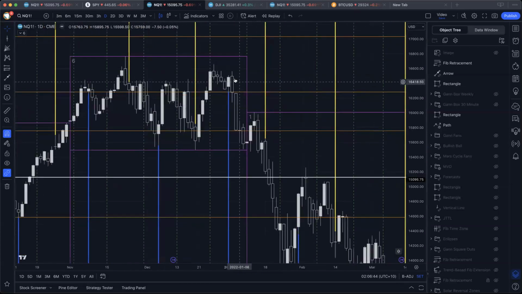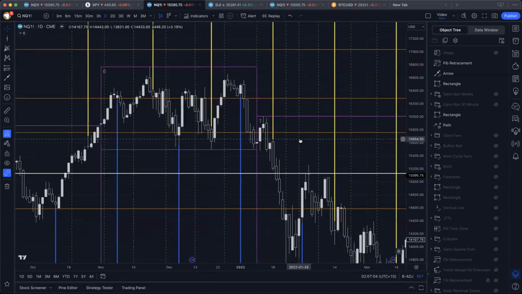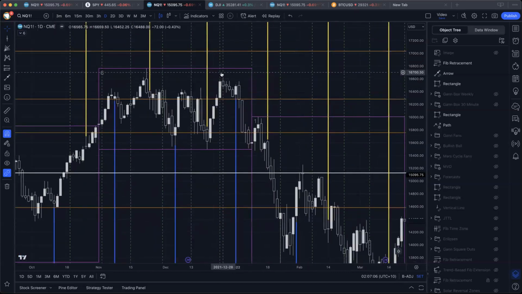So I'm very aware of what happened back in the 2021 high. The high close was actually on a green, and then the blue was an update, but that preceded the major drop. And that, of course, led to the bear market in 2022.